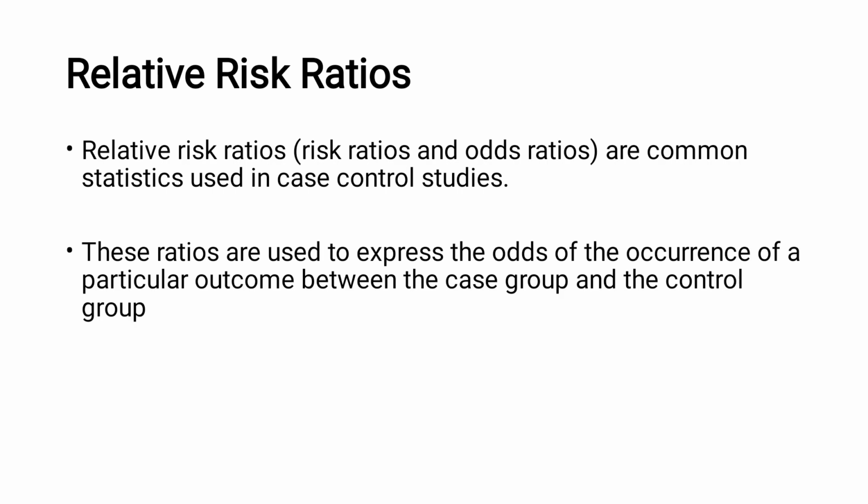Relative risk ratio is a statistical analysis mostly used in case control studies. These ratios are used to express the odds of occurrence of a particular outcome between the case group and control group.